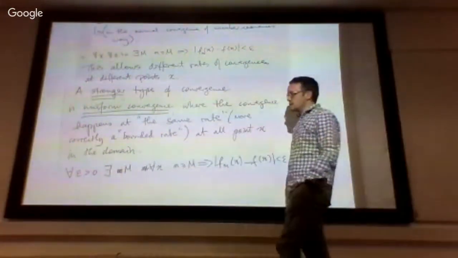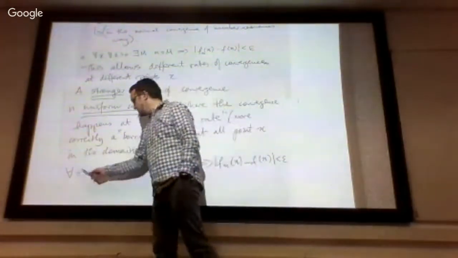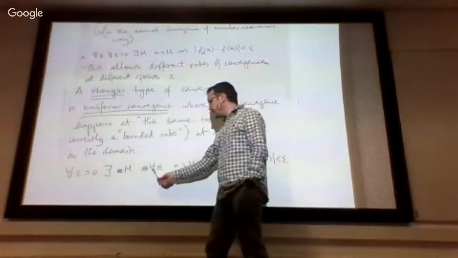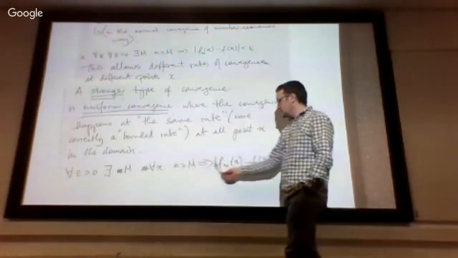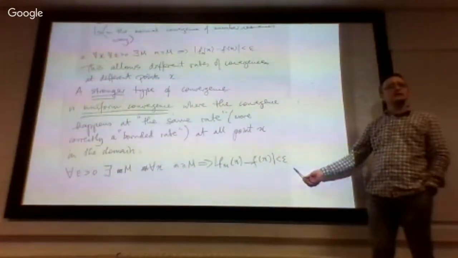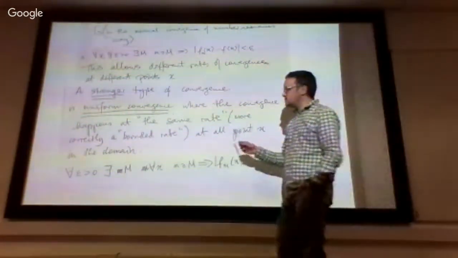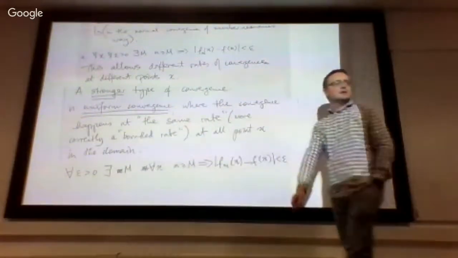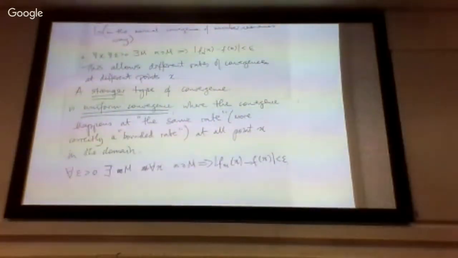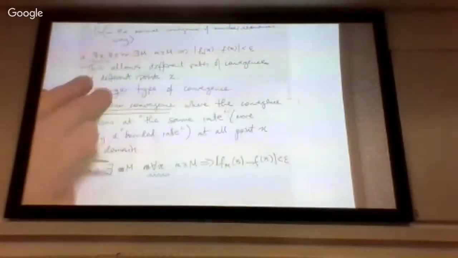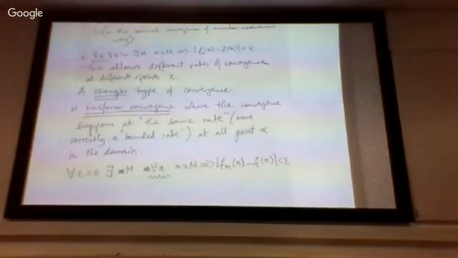But the uniform convergence says it's possible to arrange this rate of convergence such that at every point x, the inequalities are satisfied. Okay? So the place where you mention the x is moved inside the epsilon and the capital M quantifiers. So the difference between the two is all to do with the locations of where x is quantified.